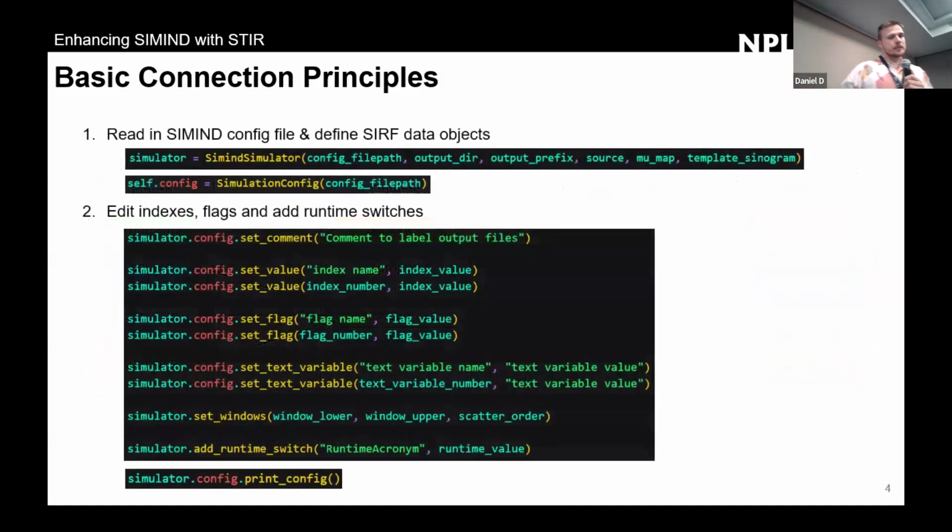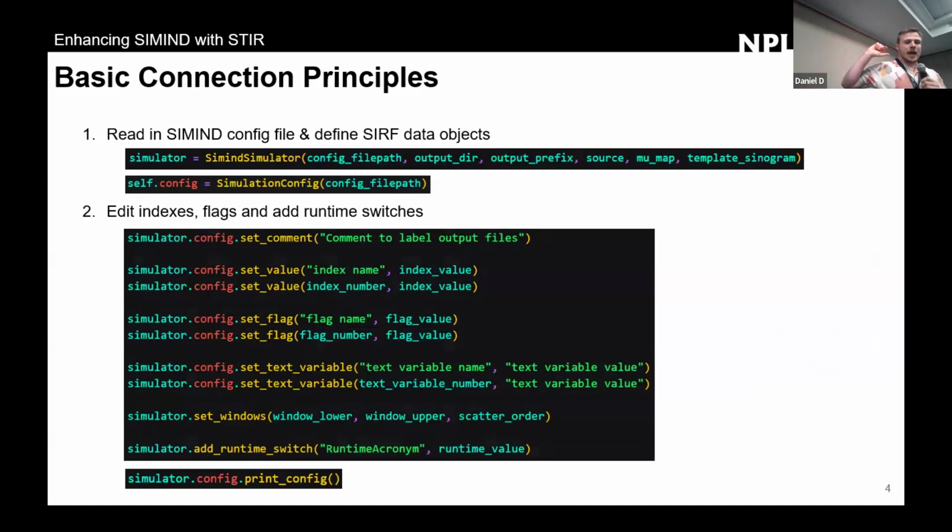So, some quick syntax. Creating the simulator object at the top there, giving it a file path and some SIRF objects, creates a simulation config object as a property of that SIMIND simulator object.